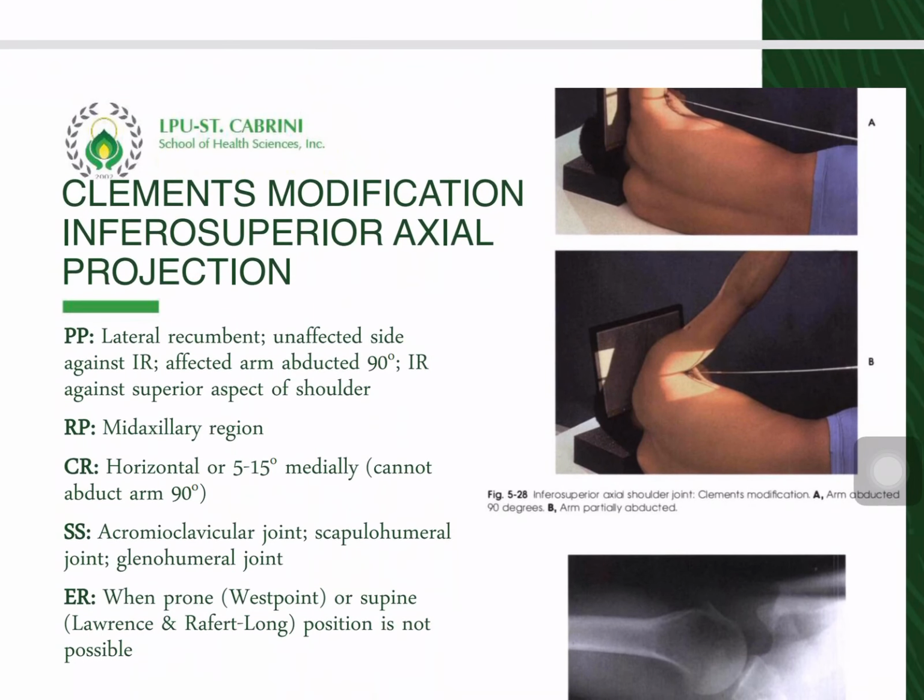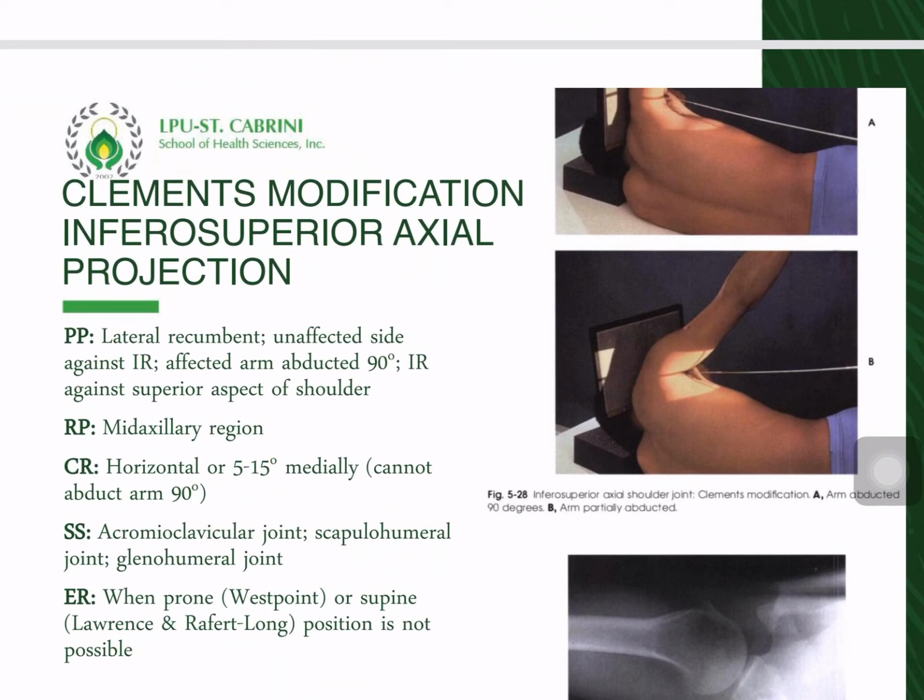Next is the Clements modification in inferior superior axial projection. This is used when prone or supine position is not possible. The patient is placed in a lateral recumbent position, lying on the unaffected side. Abduct the affected arm 90 degrees and point it towards the ceiling.